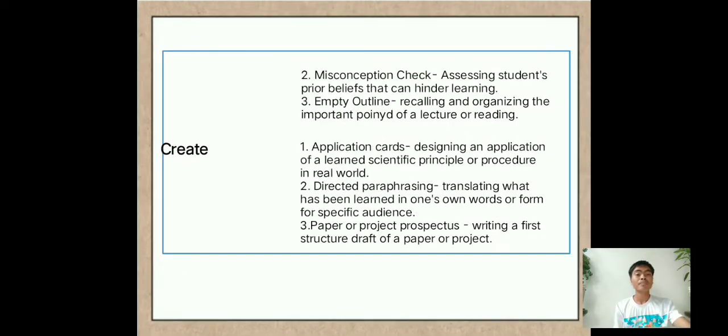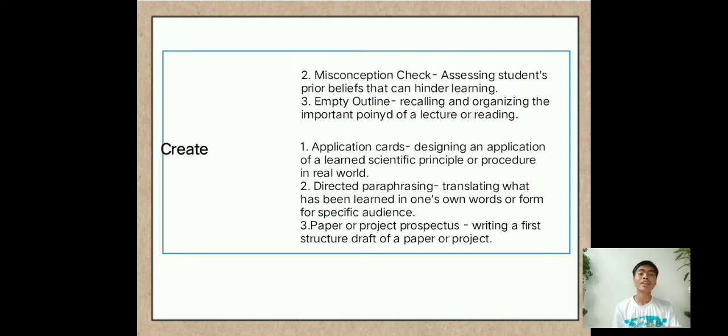And then in create, a misconception check: assessing students' prior beliefs that can hinder learning. Empty outline: recalling and organizing the important points of a lecture or reading. So under create, there are application cards, of course, involving performance. Application cards: designing an application of a learned scientific principle or procedure in the real world.